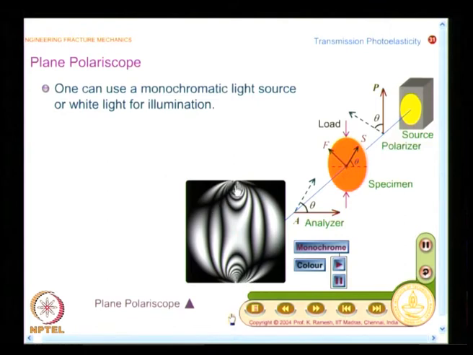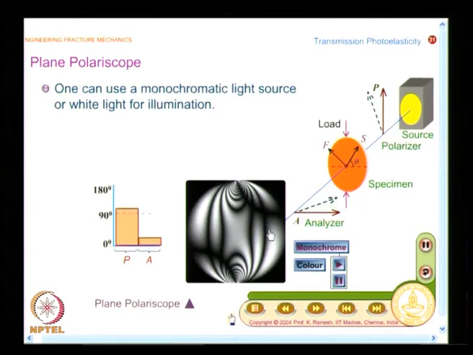Now the question is, I see two dark bands here, are they the same as these other dark bands or not? So what we will do is rotate the polarizer and analyzer combination, keeping them crossed, and let us see what happens. So now I rotate them.